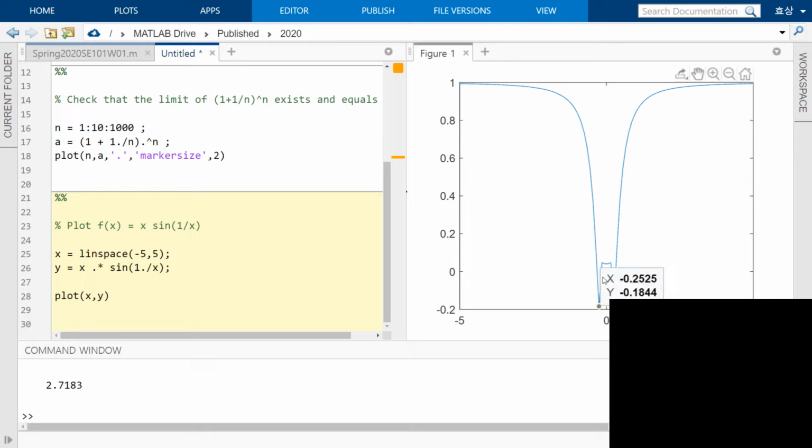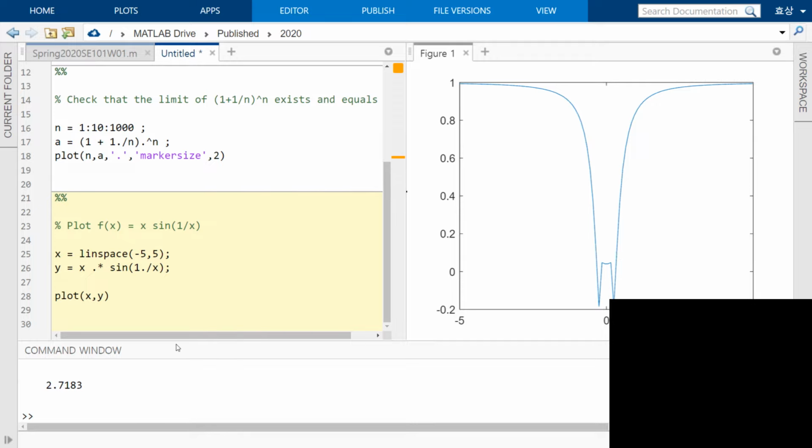So you see, this is not really accurate because we have -5 to 5, and in order to have lots of oscillation here, we need to have more points near 0, but we only have 100, so there are not enough points to plot the infinite oscillation near 0.